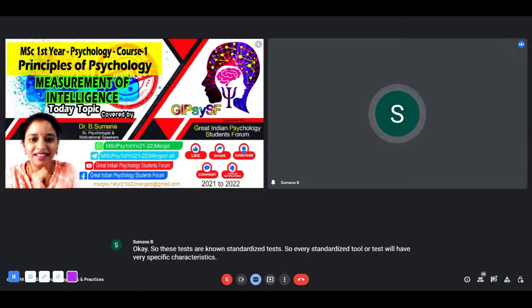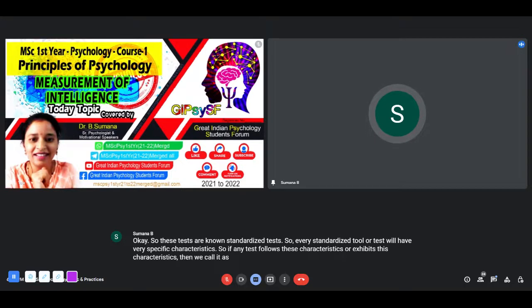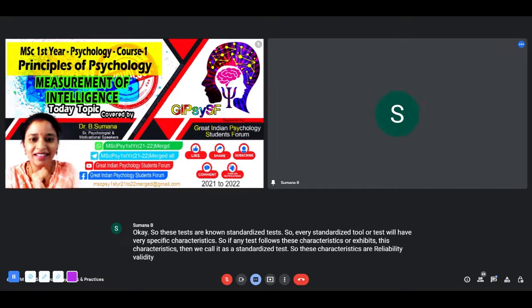If a test exhibits these characteristics, then we call it a standardized test. These characteristics are reliability, validity, norms, practicability, and generalizability.